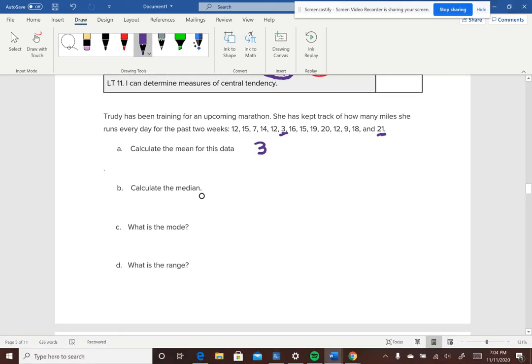Here we have 3. Cross that off. 7. 9. 12 looks like my next smallest. I see a few 12s, don't I? 3 of them. And then there's 14 and 2 15s.